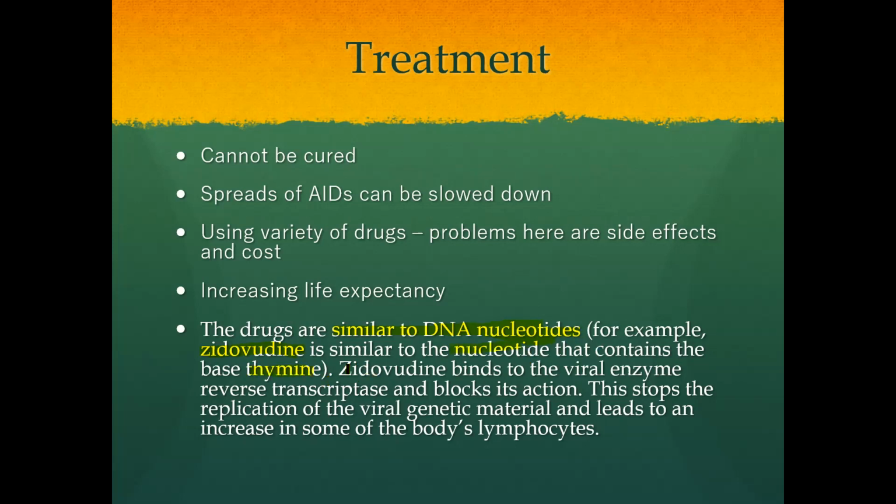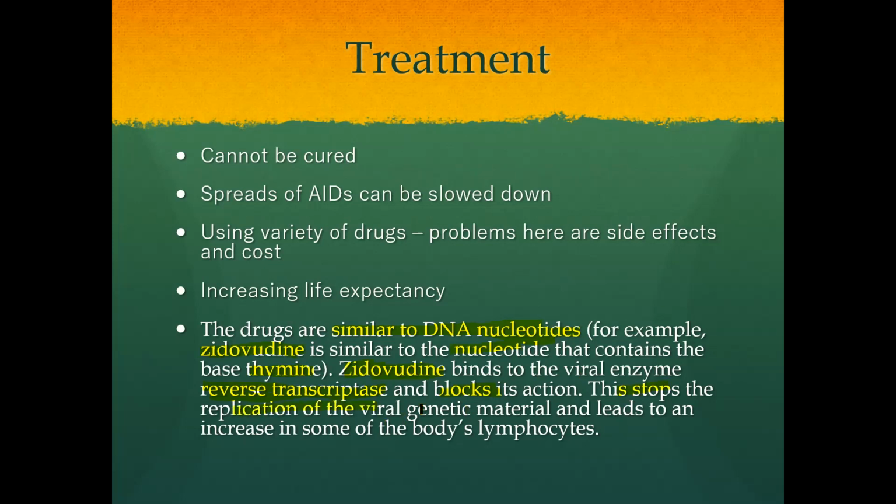Zidovudine binds to the viral enzyme reverse transcriptase, the one catalyzing the conversion of RNA into DNA. If the enzyme is inhibited, its action is blocked. This stops the replication of the viral genetic material, because it will not be converted into DNA.